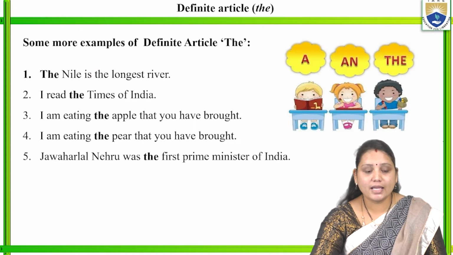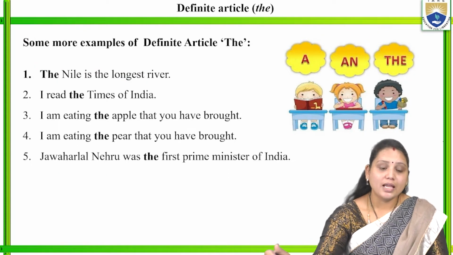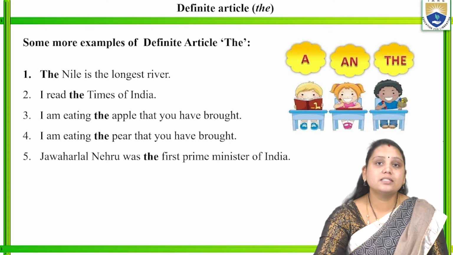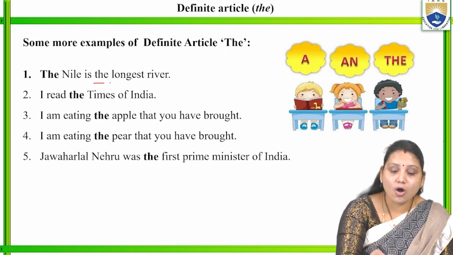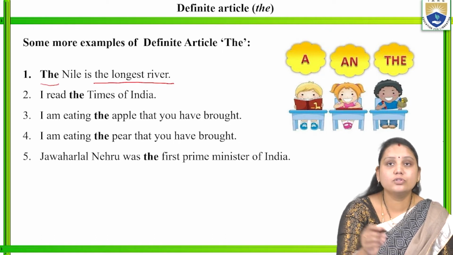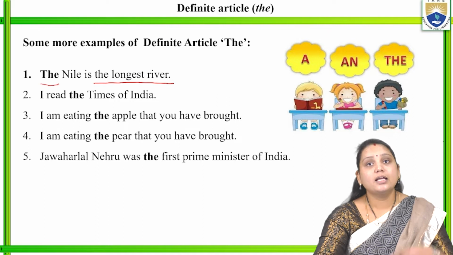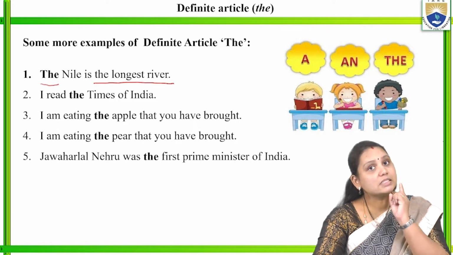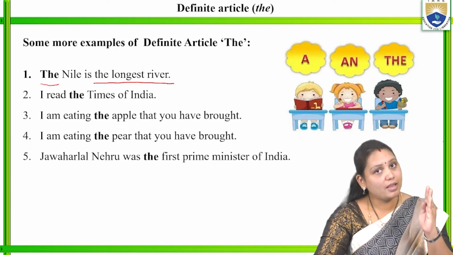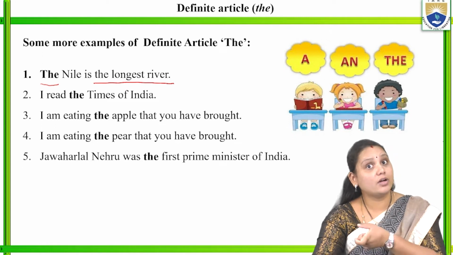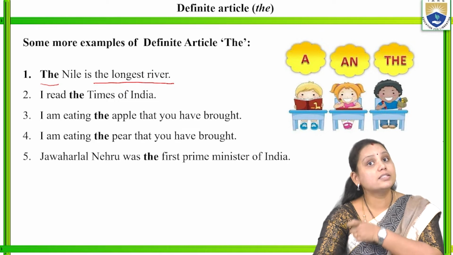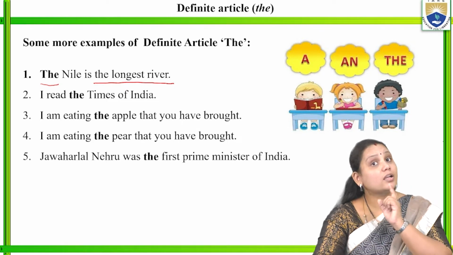Some more examples. The Nile is the longest river. See the use of the at two places. Nile is one; it is specific. So, we are using the in front of the Nile. Next, the longest river. It is the longest river, not one of the longest.